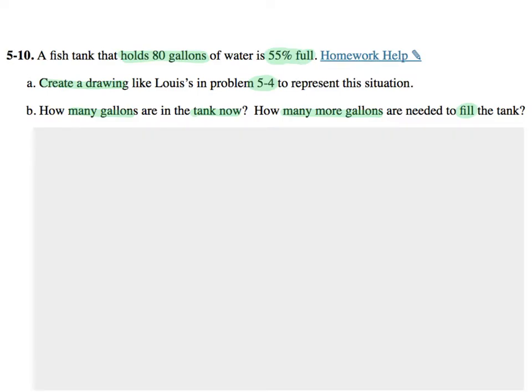Okay, so let's do the drawing together. You could use a ruler to have a neatly drawn number line. In the beginning, we need to say 0%, and at the end is the whole number. It's one whole tank of water, but that in percent means 100%.